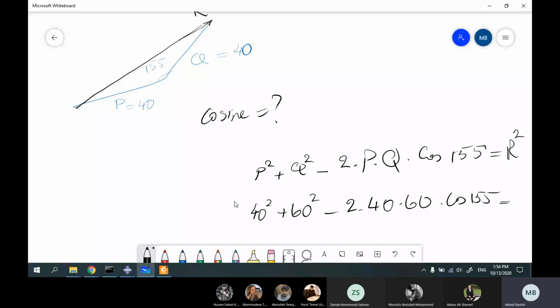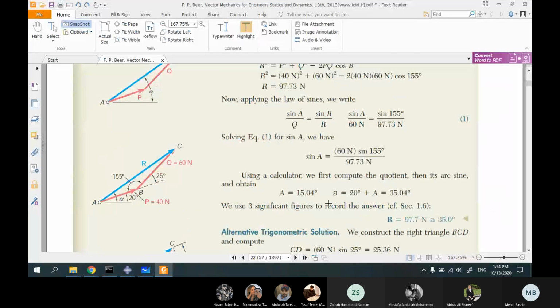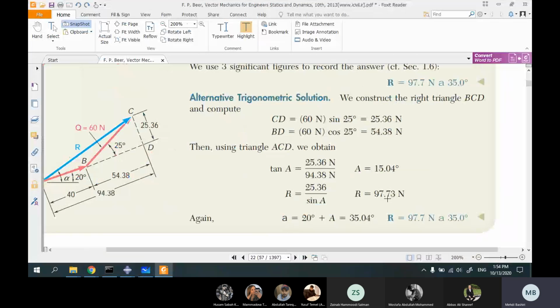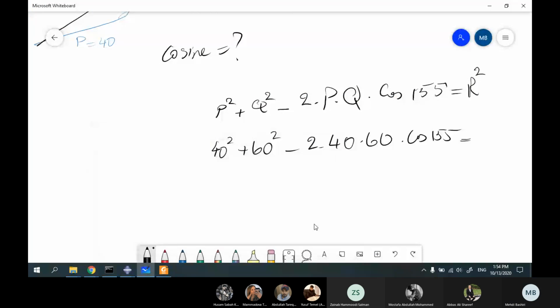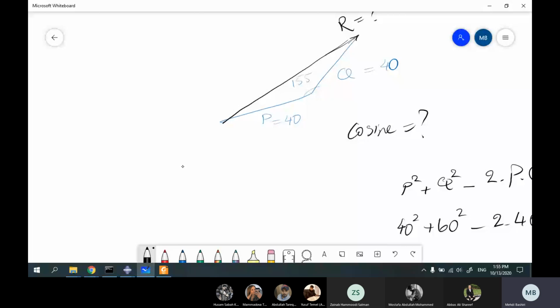All we need is to find this answer, and the answer would be, for example, 97.7. But this is not enough. As I said, each force has two properties. One of them is magnitude, the other one is direction.